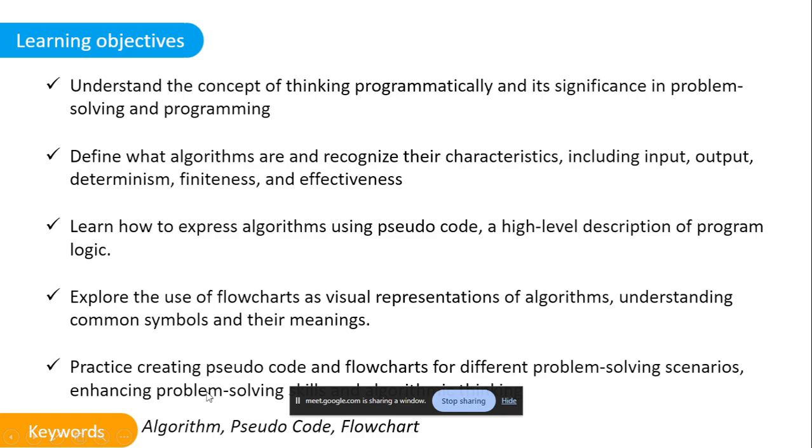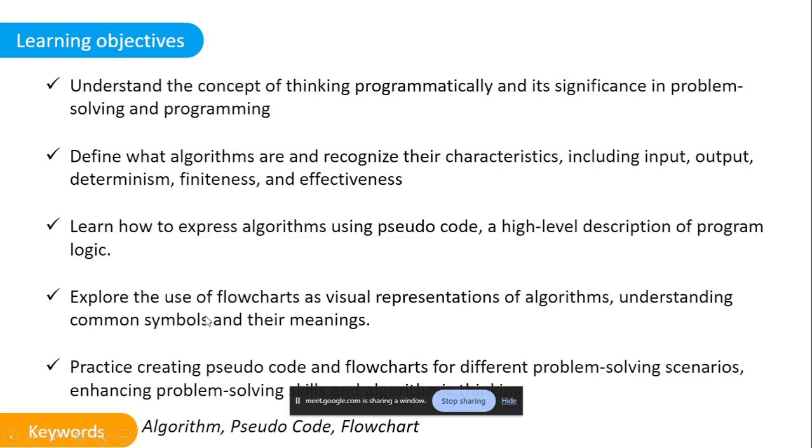At the end of the session, you should be able to understand the concept of thinking programmatically and its significance in problem solving and programming. Define what algorithms are and recognize their characteristics, that is, input, output, determinism, finiteness, and effectiveness. We also learn how to express algorithms using pseudocode, a high level description of program logic.